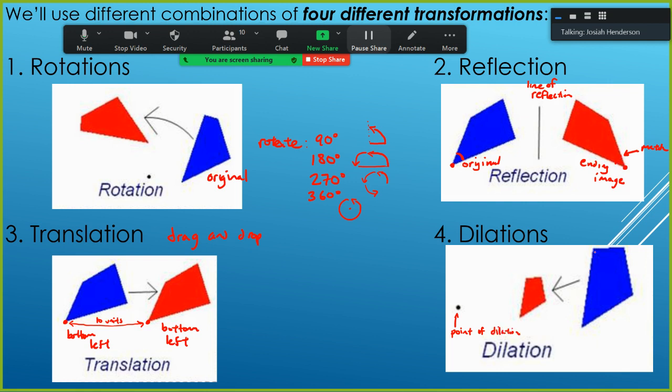Starting from the blue image, going to the littler, smaller red image, it looks like it's been shrunk. So they must have multiplied by some fraction, like a half or a third, for example. Just like we saw on the last screen, starting with the original, multiplying everything by some scale factor, making it bigger or smaller.